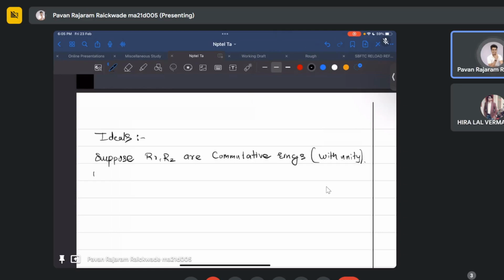Then you consider the product ring, which is the set of all tuples (a, b), where a belongs to R1 and b belongs to R2. This set forms a ring with the following operations.